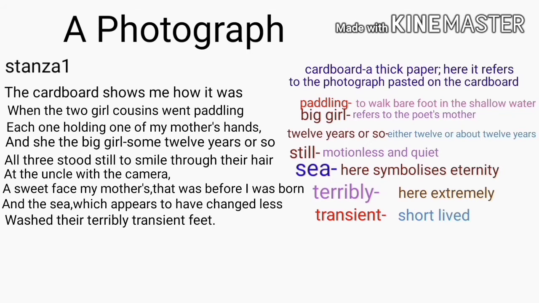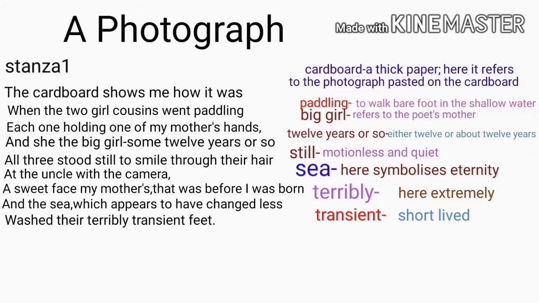It means the feet of the poet's mother and two of her girl cousins. They were walking in the shallow water of the beach, and the water of the sea washed their terribly transient feet. Terribly transient means here short-lived. So in these two lines, the poet brings a contrast between the eternity of the sea and the transitoriness of human beings.